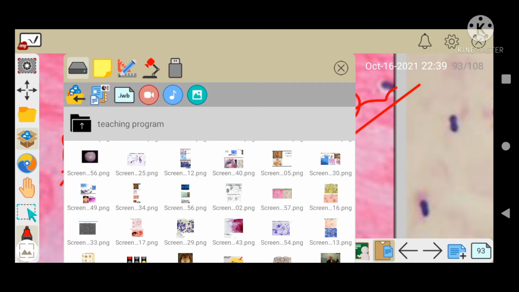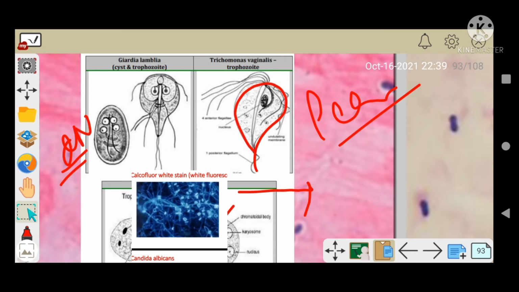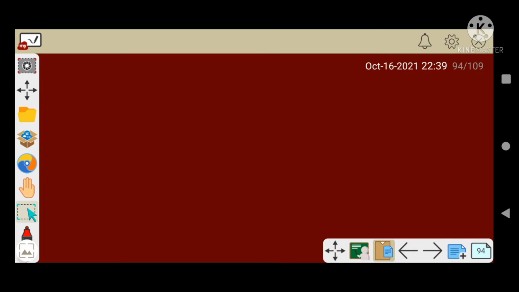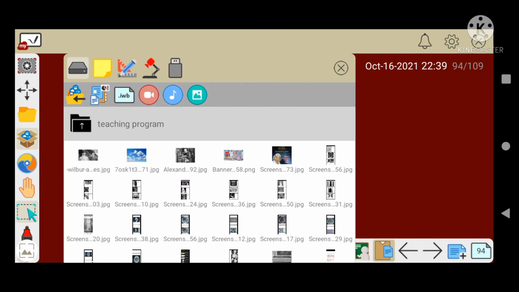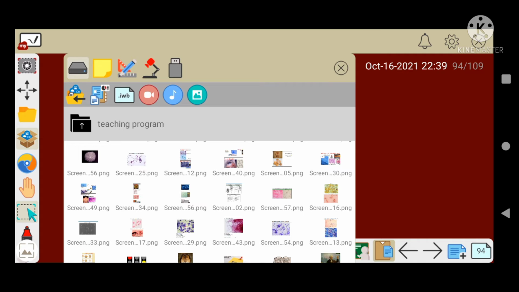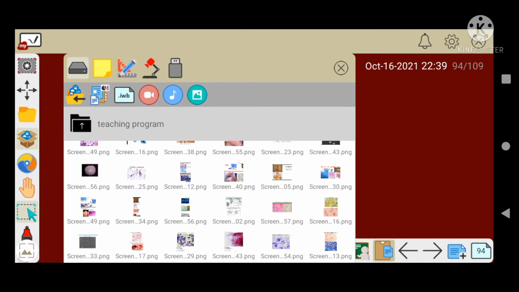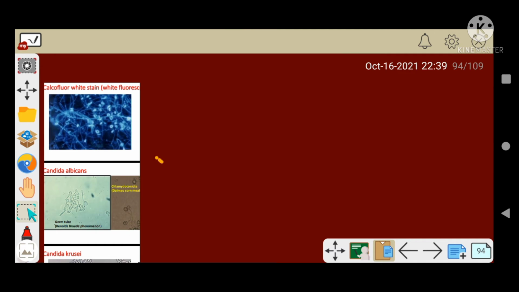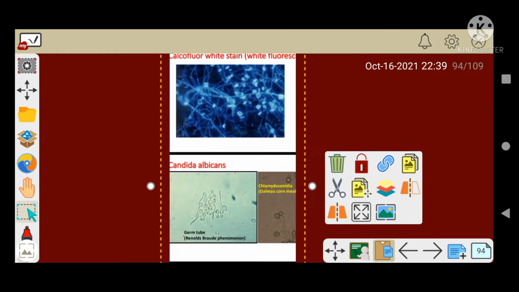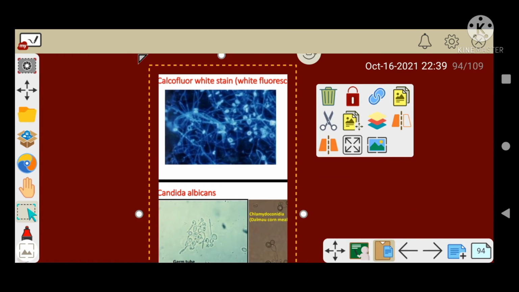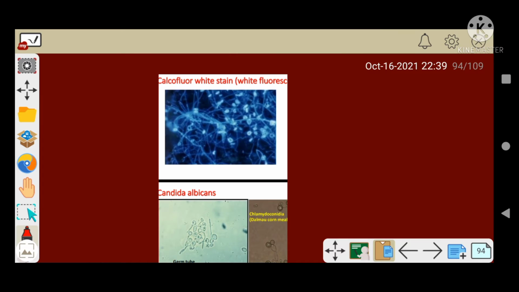Okay, so next this one, let's see what is this. I should take a different page. This one, right? So here I tried to show you the calcofluor white stain, the stain which we use for fungi.